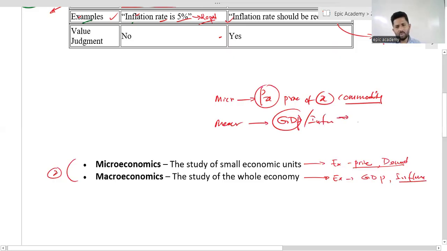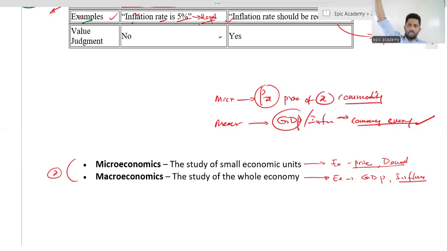In inflation, we are going to describe the general price level increase. General price level. Each and every commodity exchanged in the economy. Every commodity. So it is not about one commodity or a few commodities. It is about each and every commodity exchanged in the economy.